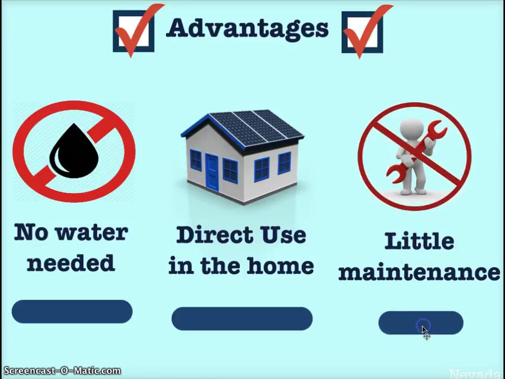And then there's little maintenance, which is important to consider. Remember that I told you that all renewable energy has a high initial cost, but overall in the long run it pays off. They actually say that solar energy, by the time it pays off, you'd have to have lived in your home for a really long time. So take that into consideration.